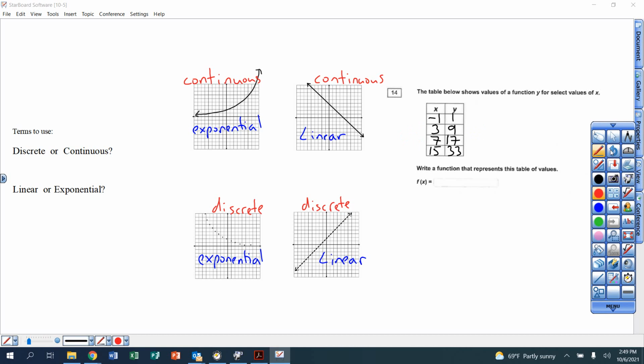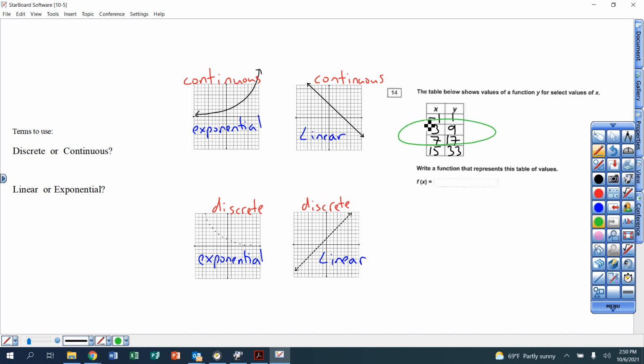And now, of course, the bottom pair, from 17 to 33, if I use my calculator, going up by 16. From 7, that's going up by 8. If I divide those, I get the same 2. So if I was you, I would pick this middle piece right here.